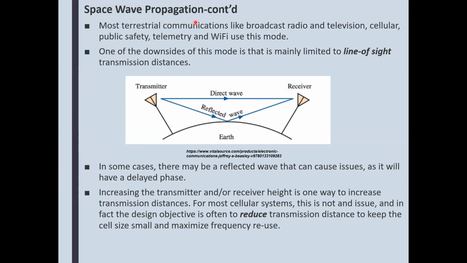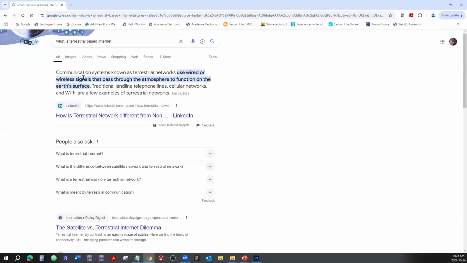Space wave propagation. Most terrestrial communication systems, known as terrestrial networks, use wired or wireless signals to pass through the atmosphere to function on the Earth's surface.